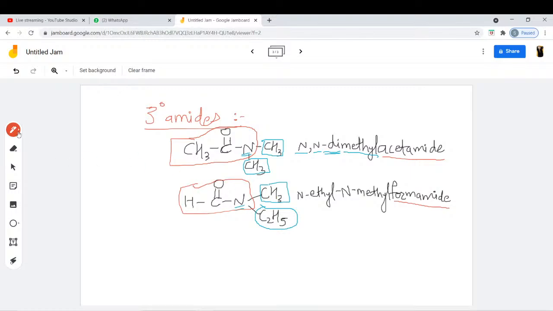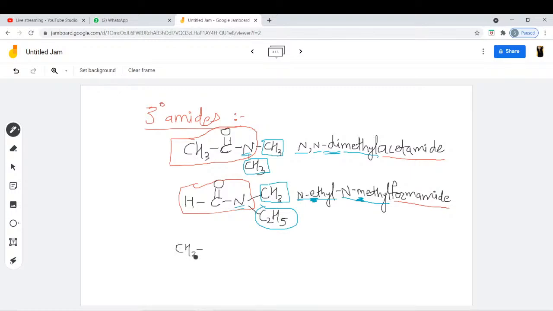And this methyl is N-methyl and this is N-ethyl. As E comes first, we write ethyl and then methyl. So N-ethyl N-methyl formamide. Next, try this example by yourself.